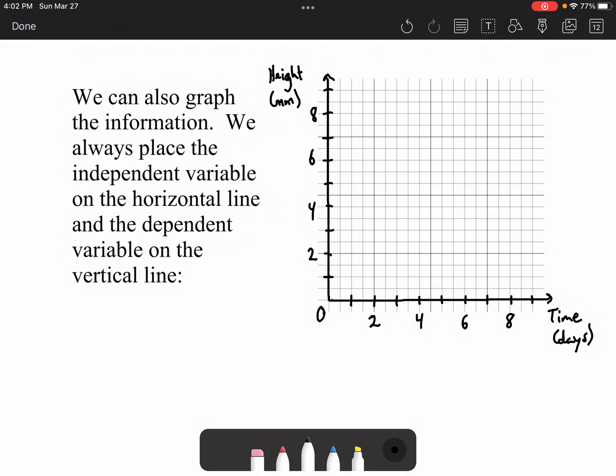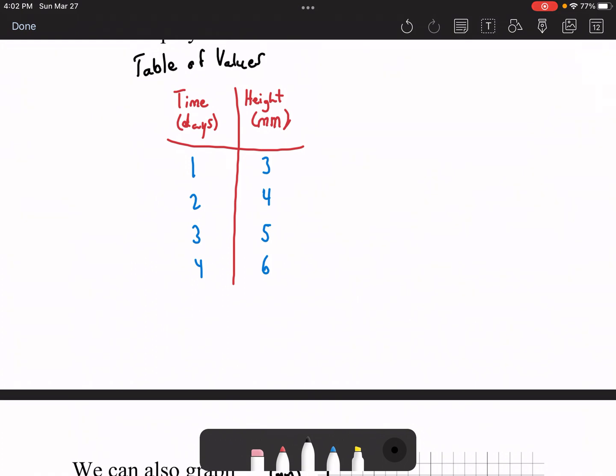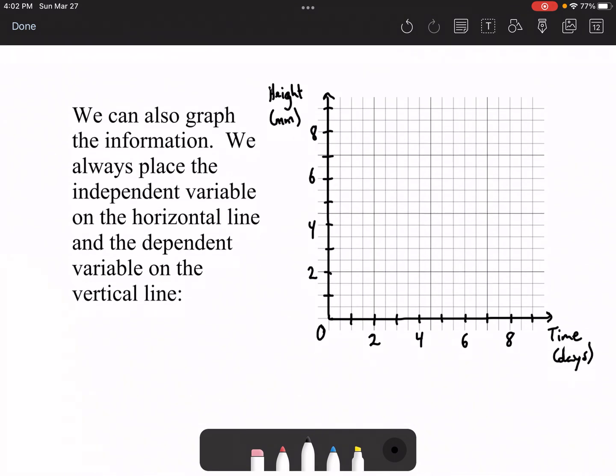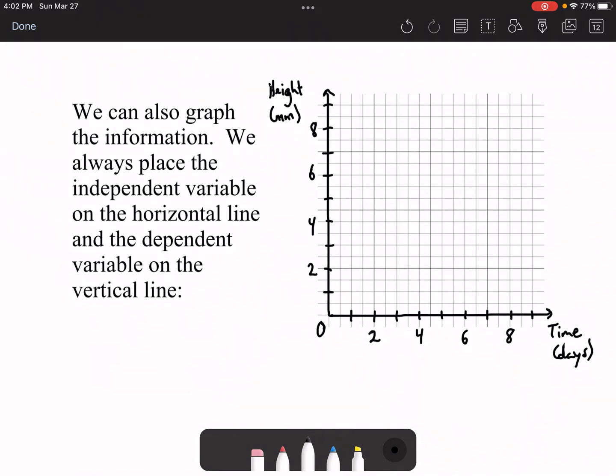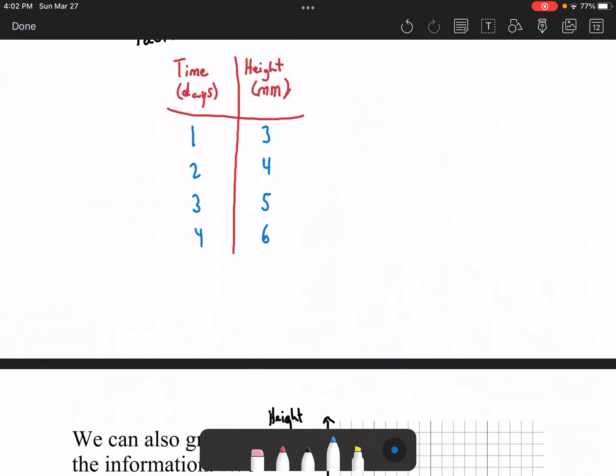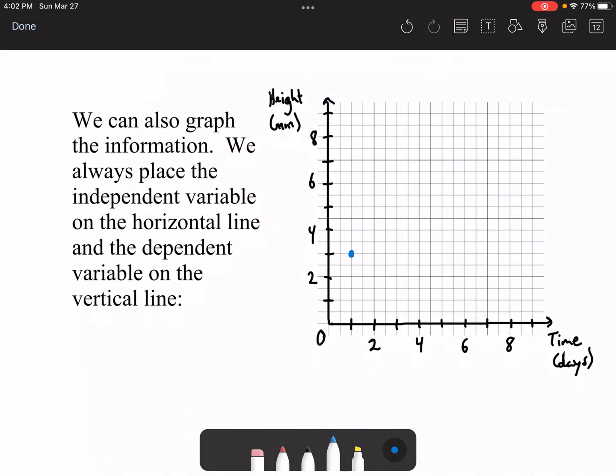Okay, so now we take our table of values and we list each of these as points. So time 1, height 3, time 1 and height 3 is listed as this point. We go back, time 2, height 4.